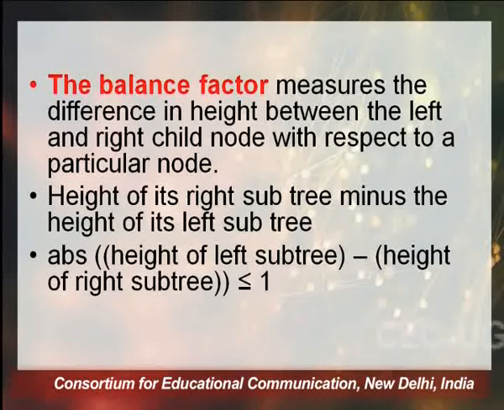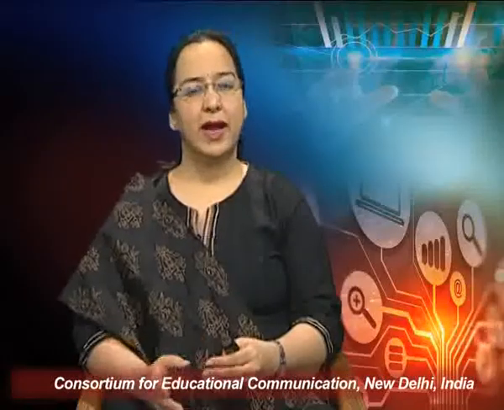So we can say height of left subtree minus height of right subtree can have a maximum of 3 values, either 1 or 0 or minus 1, not more than that. Anything less than minus 1 or anything greater than 1 will make the tree stand in the category of an unbalanced tree.